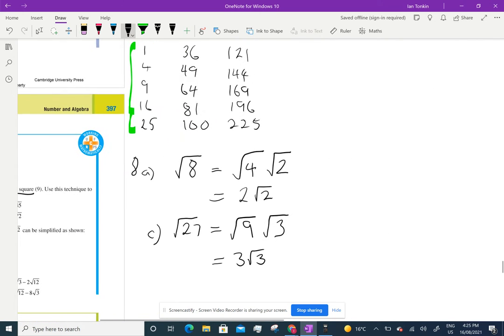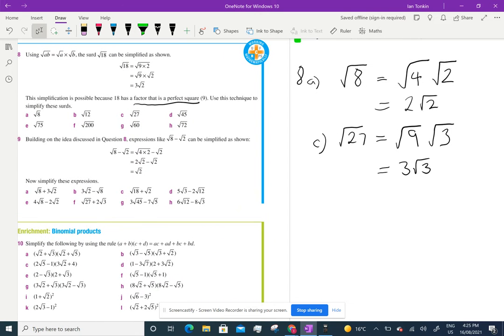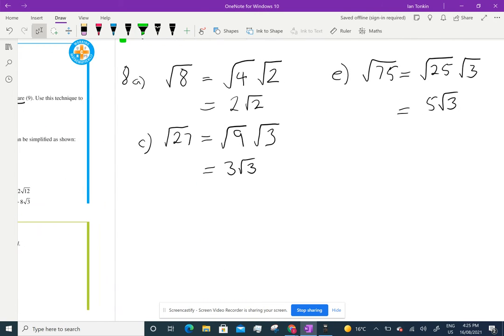E. As soon as I see a root 75 or something ending in a 5, I look for 25. 25 goes into 75 3 times, which means I get 5 root 3. 60.